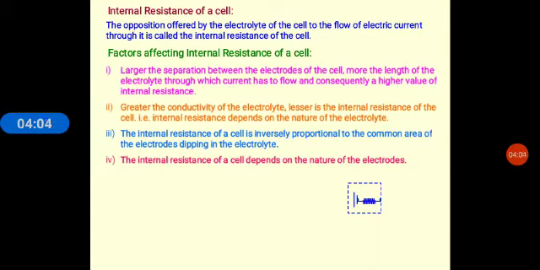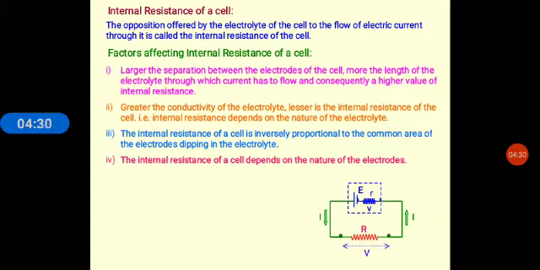Here we consider a cell having EMF E and internal resistance r. An external resistance R is connected across the cell. Let I be the current flowing through the circuit. Small v be the potential difference across the internal resistance.